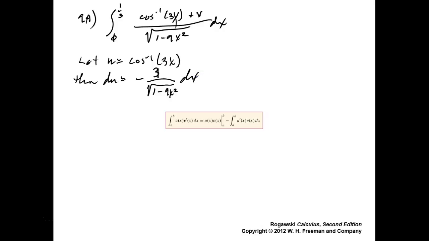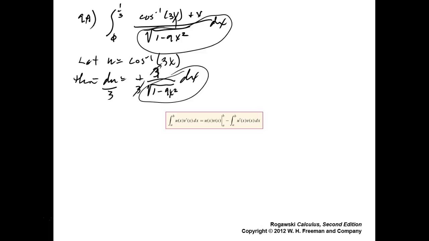Okay? Now, in the situation we have here, your du is the thing that you have up here. This part right here looks a lot like this, except for the minus 3. So you'd have to divide both sides by minus and divide both sides by 3. And you have minus du over 3.